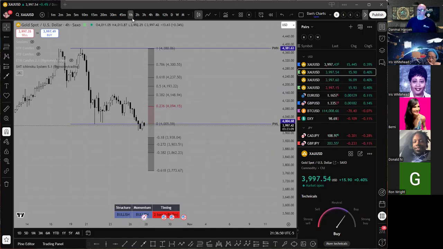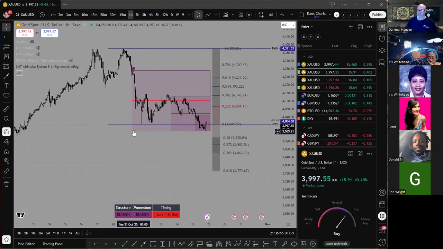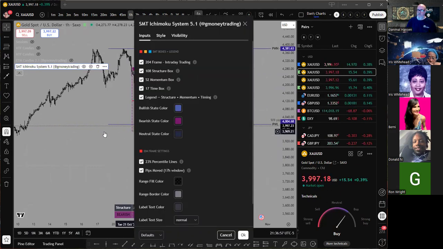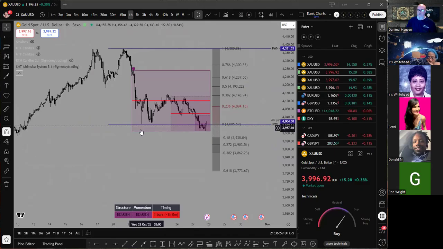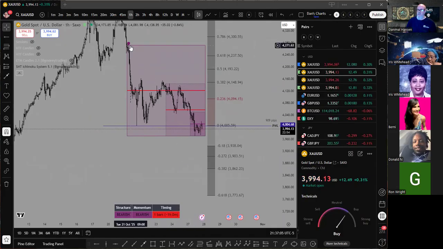And then I would go down to the 1 hour and take a look at our boxes. They're all on. So I'm thinking this is a 108 box right here. Again, we already got bearish structure on the 1 hour.